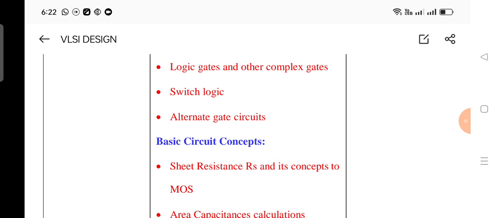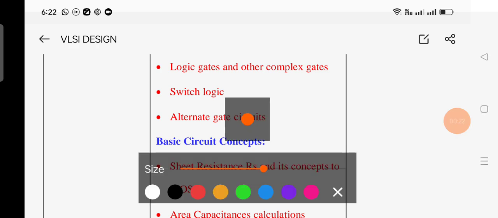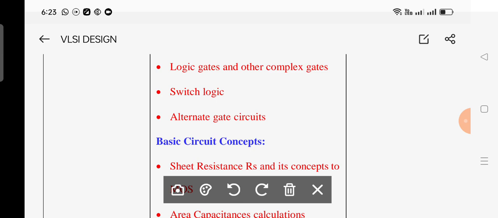Coming to unit number 3 of this VLSI design series, the first concept, logic gates and other complex gates, is already completed in unit number 2 with the name how to design any Boolean expression using CMOS logic. But once again I will just recap.